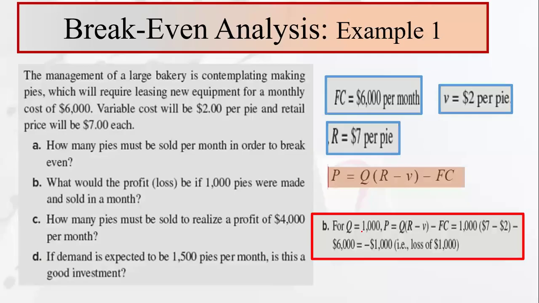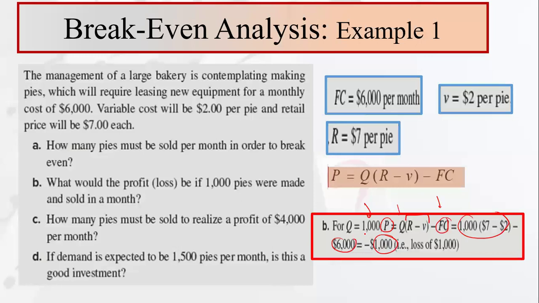The profit equals Q multiplied by the profit for each item. Price minus cost is the profit for each item, and you need to pay the fixed cost also. So $5,000 minus $6,000 is $1,000 you're losing.